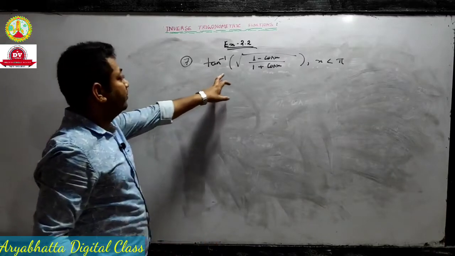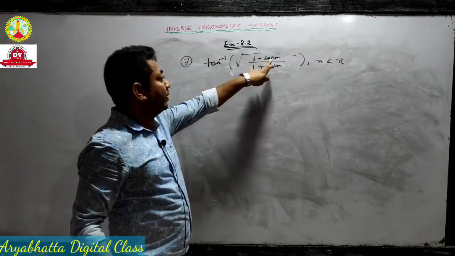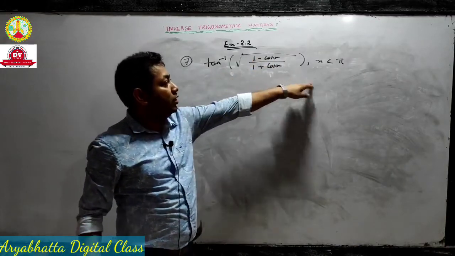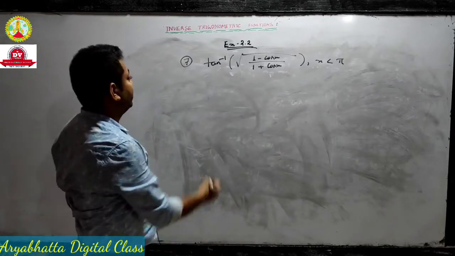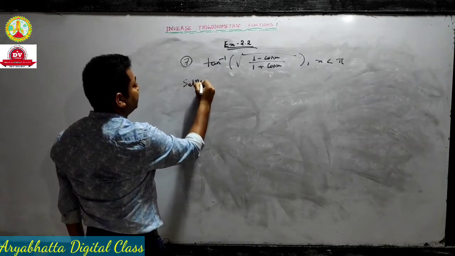Here tan inverse bracket start root 1 minus cos x divided by 1 plus cos x, where x less than pi. Solution.